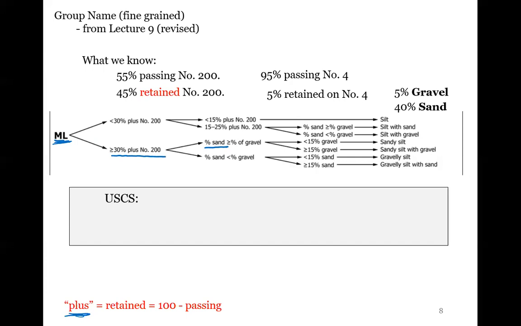Let me just go through this way here. So this is what we have, and then we're going up here. And then we have 5% gravel, which is less than 15%. So we're over here. And that means we have just an ML, and what we would call it is a sandy silt.